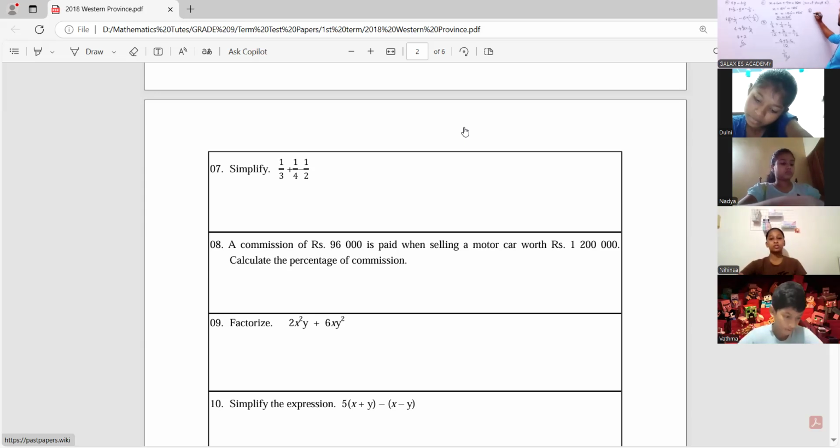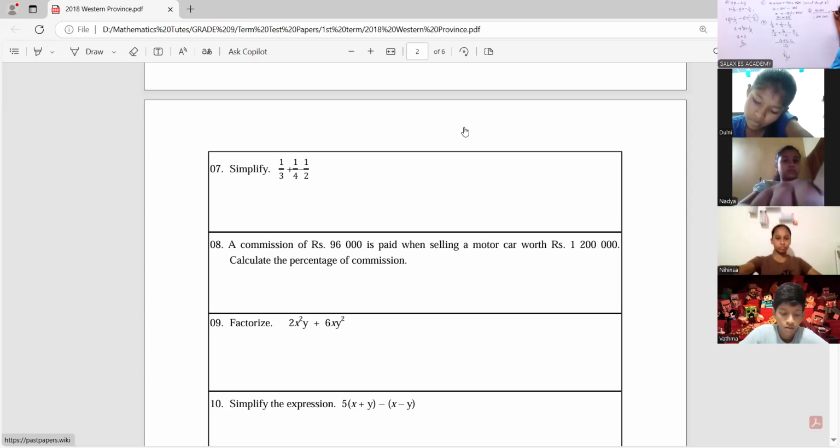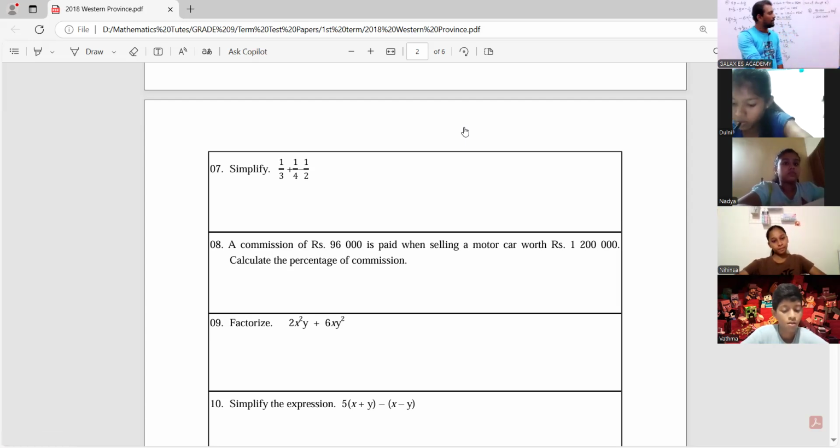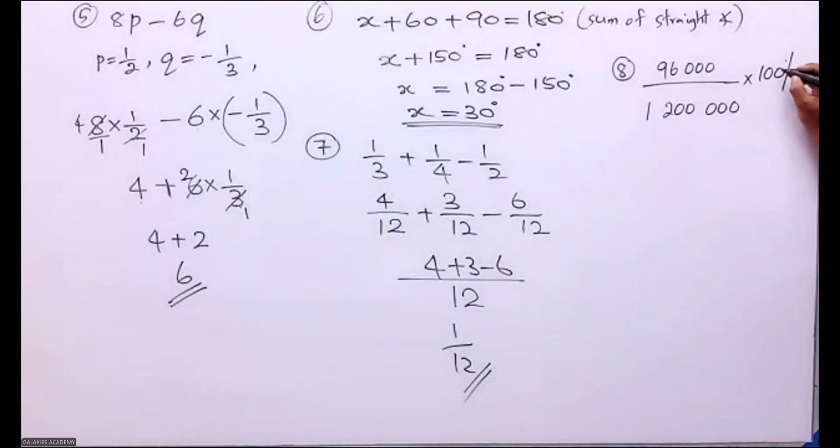So the commission given is 96,000, which I can write as the numerator. The selling price is 1,200,000, which I have to write as the denominator. Then you multiply this fraction by 100% and simplify. How can you simplify?